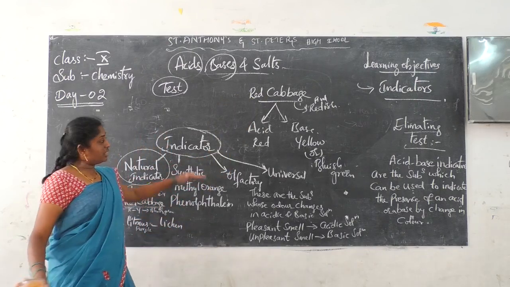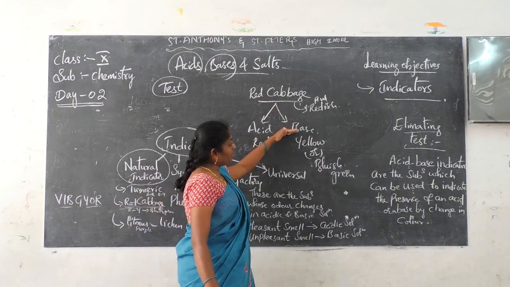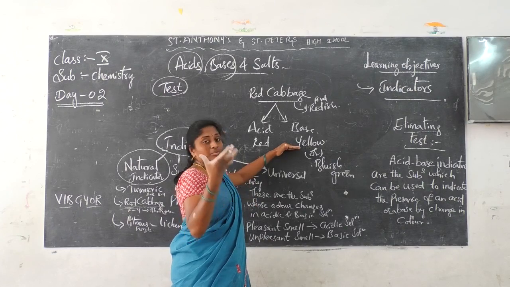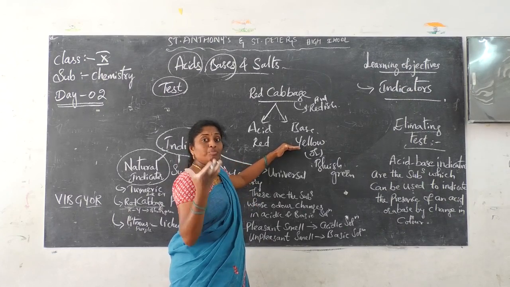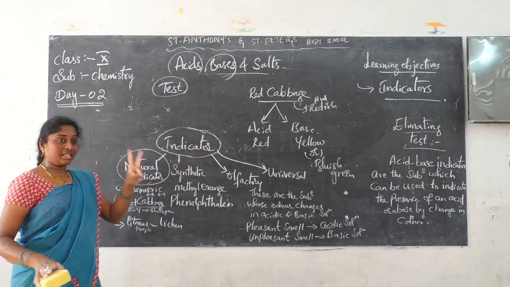When it is reacting with the base, sometimes it changes into yellow, but most of the time it changes into bluish green in color. So this is about red cabbage, the second indicator.